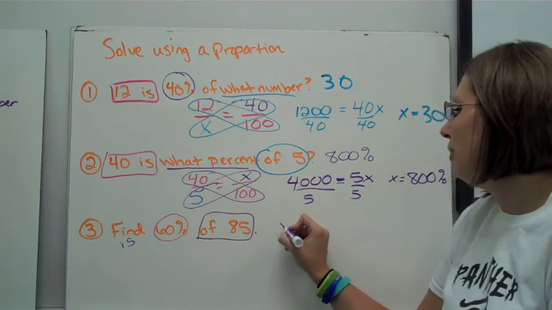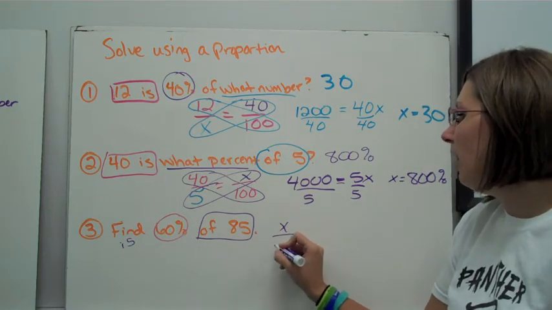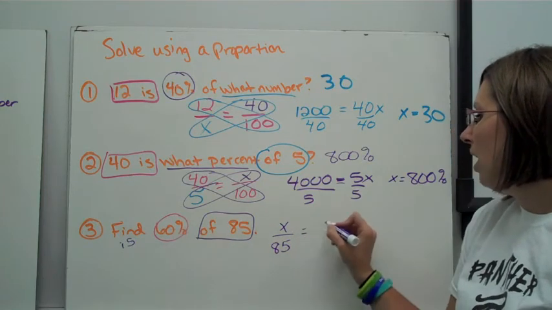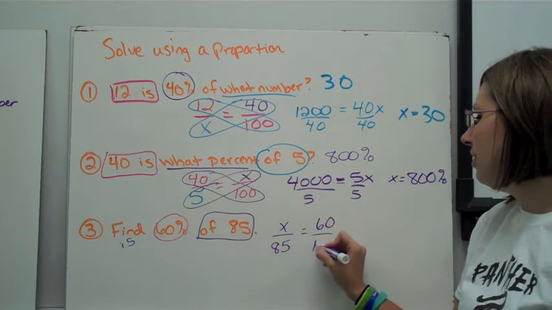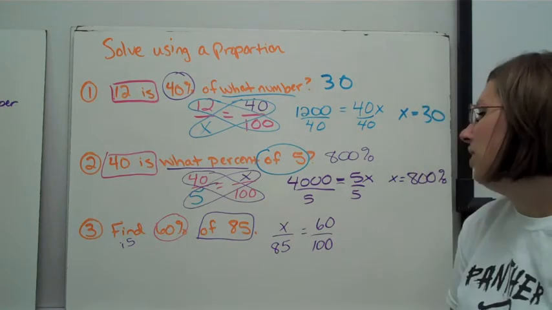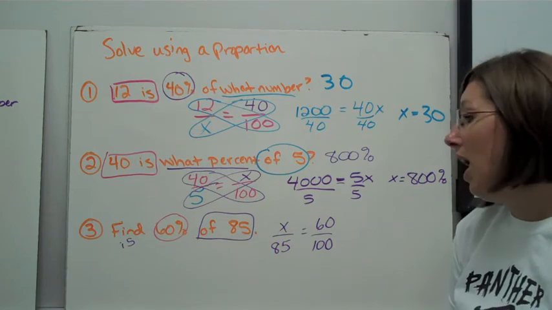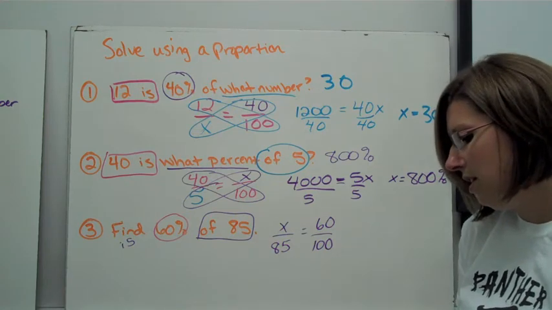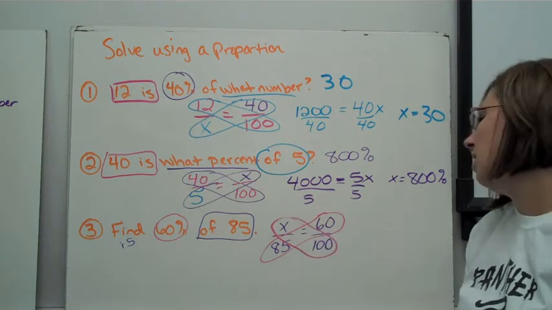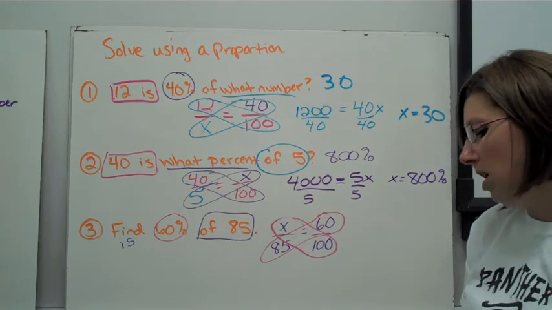So remember in our proportion, is over of, my of was 85. My percentage always goes above 100. Okay, in this case, you could use a calculator. I would need to use a calculator here. But I'm going to cross multiply 85 and 60 and x and 100.